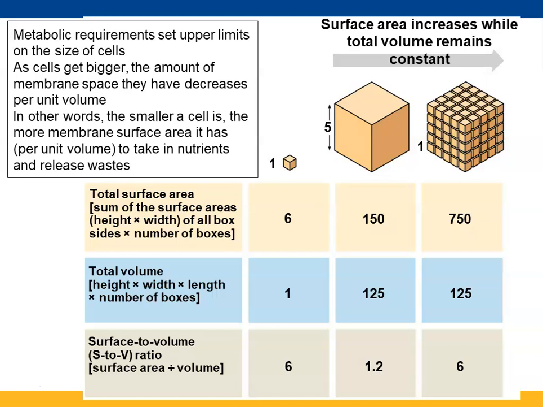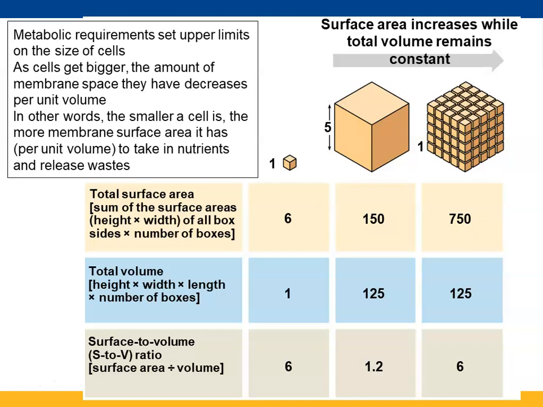So cells can only really get to a certain size because as they get to a certain size, that's going to make it harder for them to meet their requirements metabolically to do what they need to do in order to function. So as their membrane space decreases per volume, as they get bigger, it's harder for them to get everything they need.